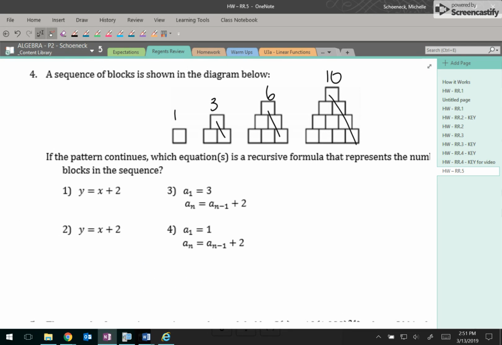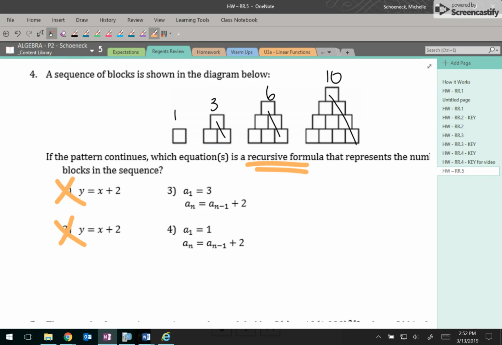All right, number 4, we have a sequence problem here. And it says if the pattern continues, which equation is a recursive formula? Okay, this goes back to right before February break when we did our sequence research. A recursive formula does not look like our regular linear equations. So 1 and 2 are out.